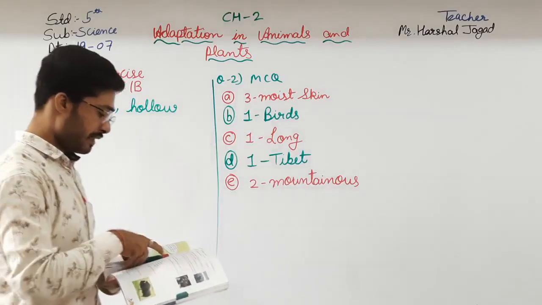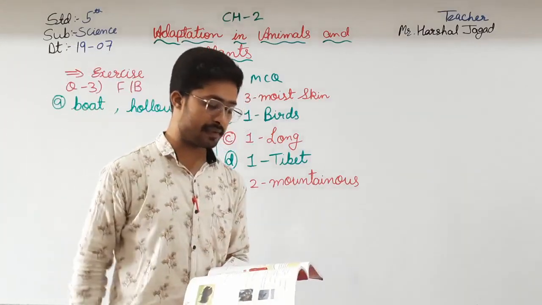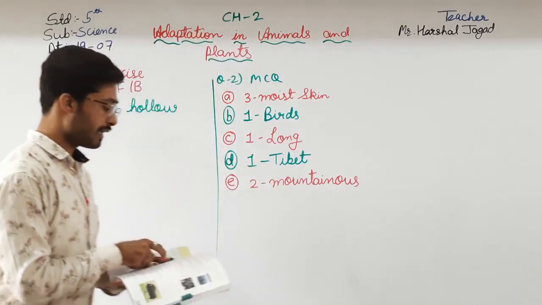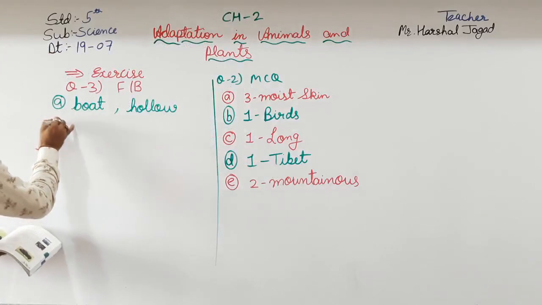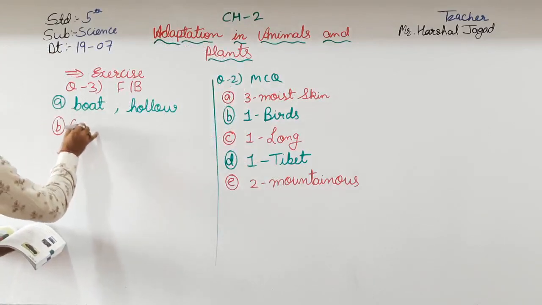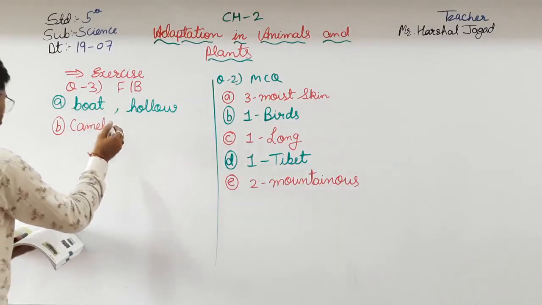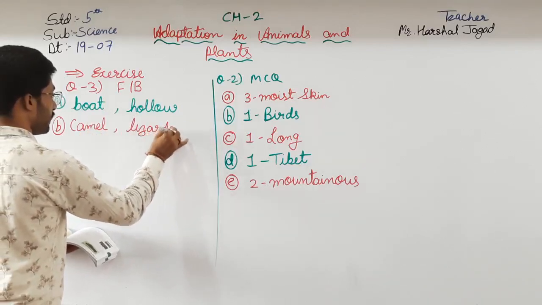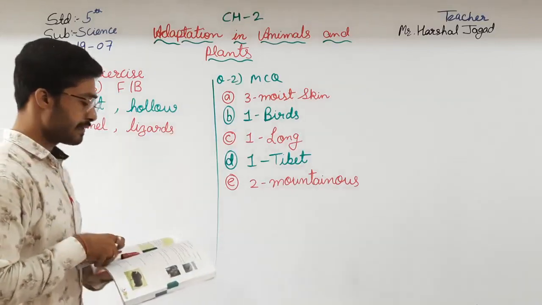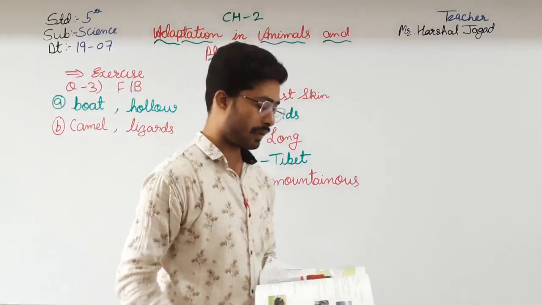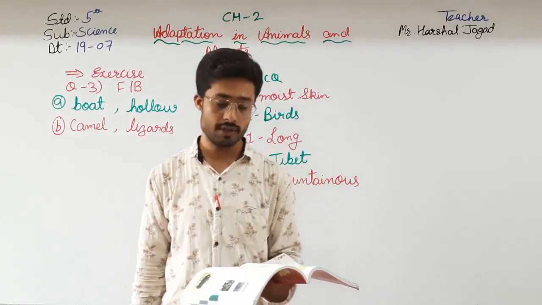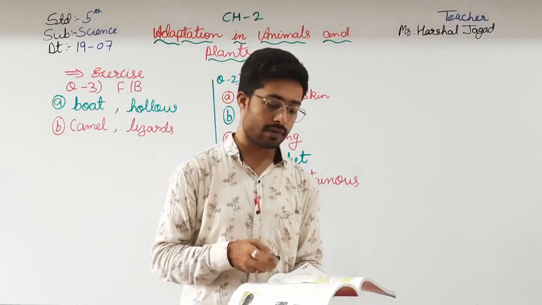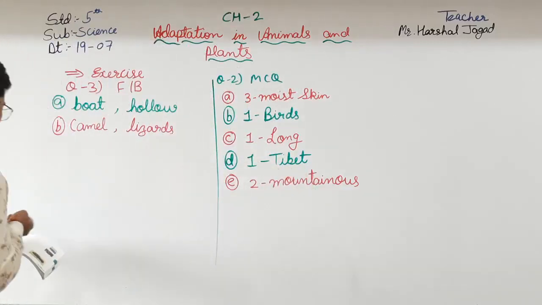Okay, then after B, that is dash and dash are desert animals. So here it will be camel and lizard. Camel, lizard are the desert animals. Then after, camels have a special dash in which they can store up to 70 liters of water. So here it will be stomach like pouches.